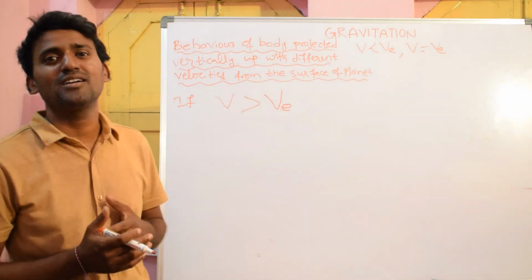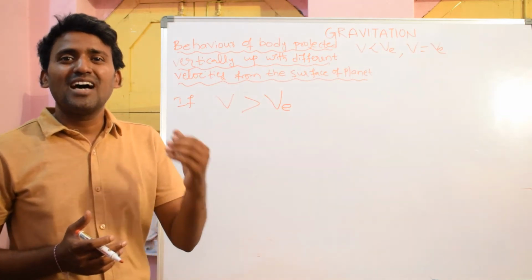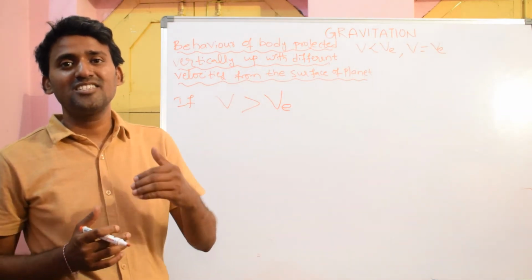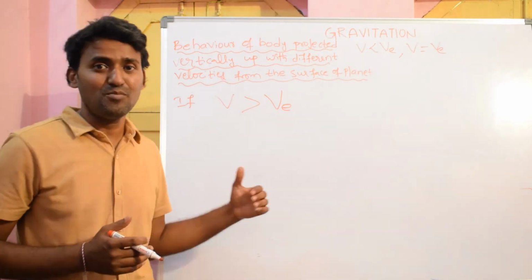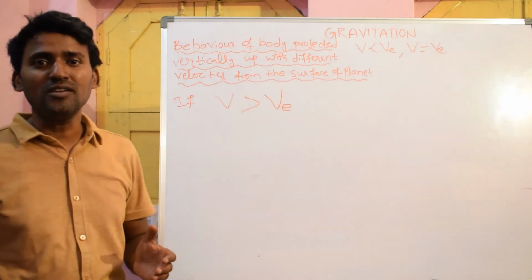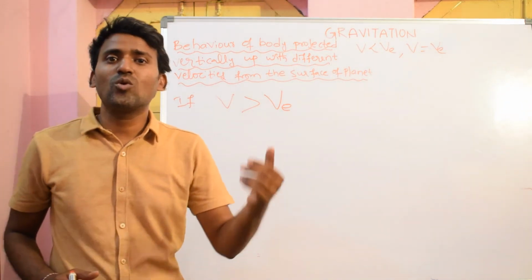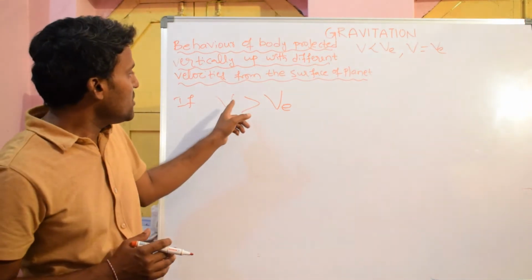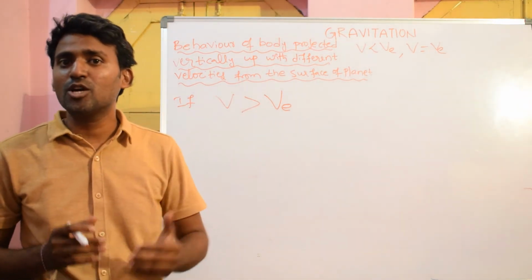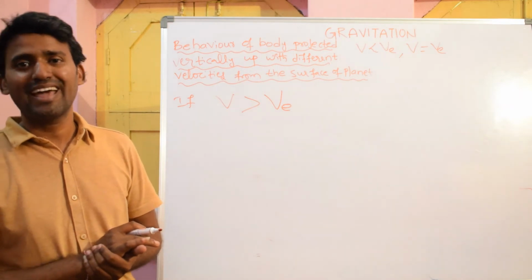At that moment, what is the velocity at the infinity position? We have to calculate. Previously, when velocity is equal to escape velocity, the velocity at infinity is 0, we got it. Now if velocity is greater than escape velocity, what is the velocity at infinity? That we have to calculate.